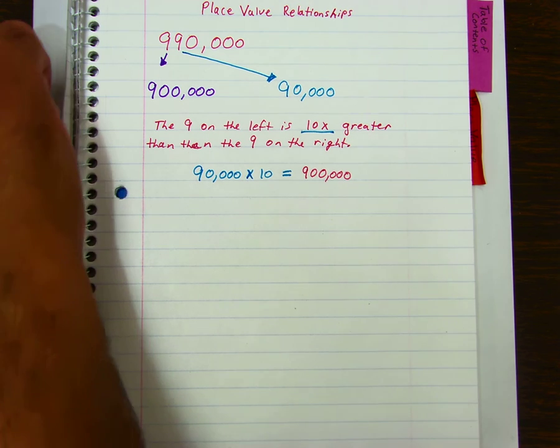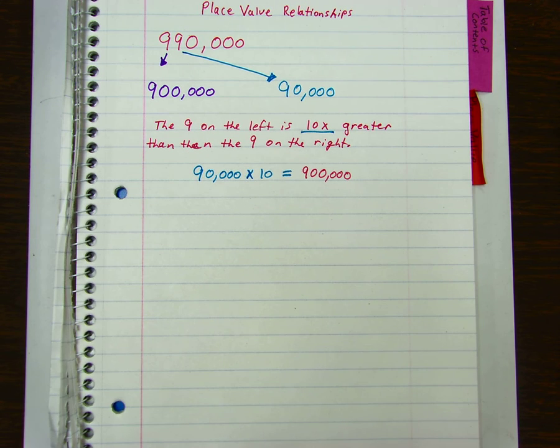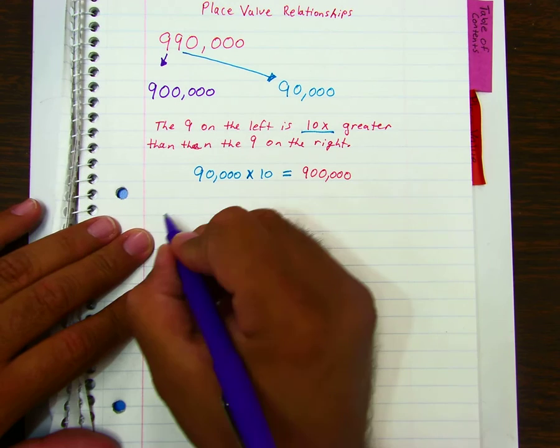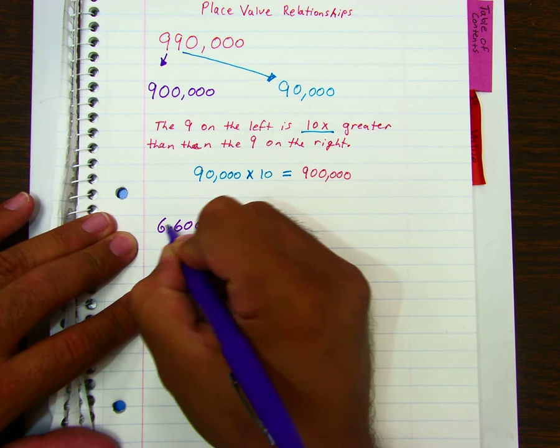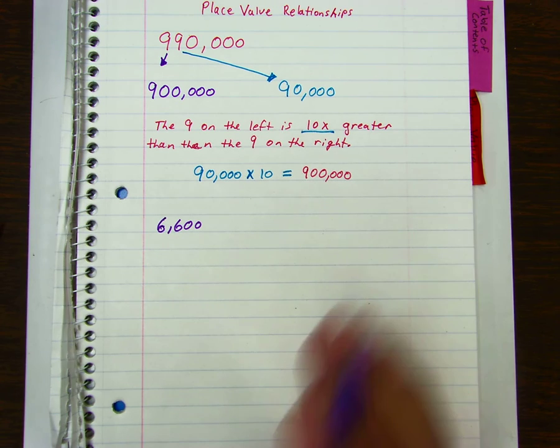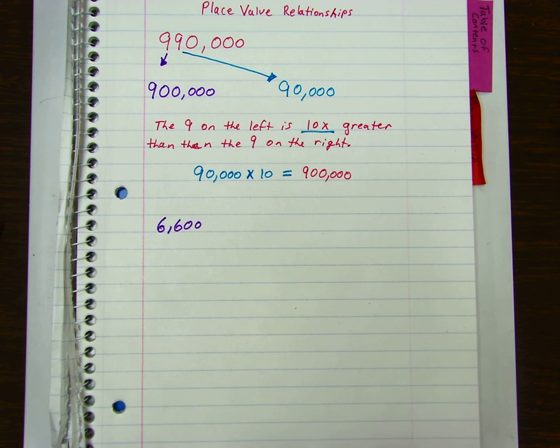So let's go ahead and do another quick example. I'm going to take 6,600. Again, the first thing we notice is that the two digits are the same. The question is, what is the relationship between these two sixes?